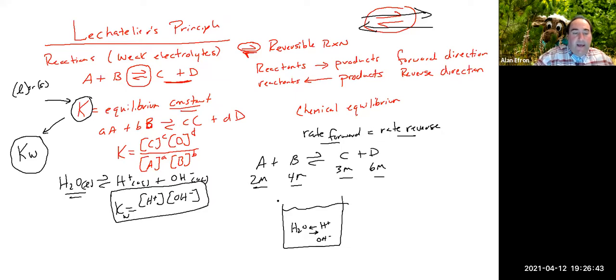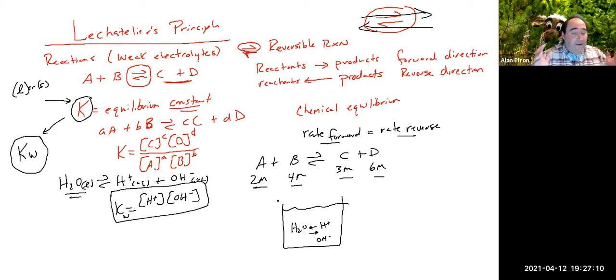Any questions on equilibrium reactions? Again, that's what these are sometimes called, a reversible reaction. Basically, they will reach equilibrium when the rate of the forward direction equals the rate of the reverse direction, essentially locking everybody into their concentrations. And they're going to be very happy at that point. Any questions on any of that stuff there?